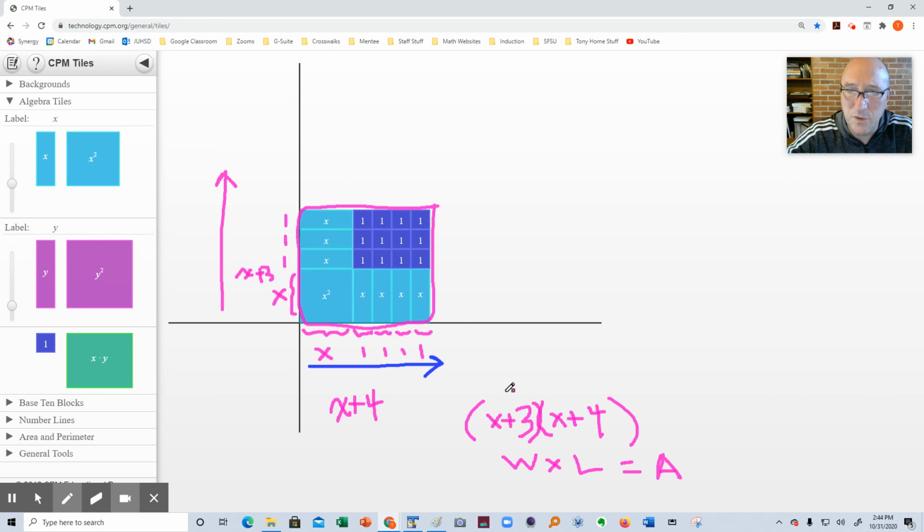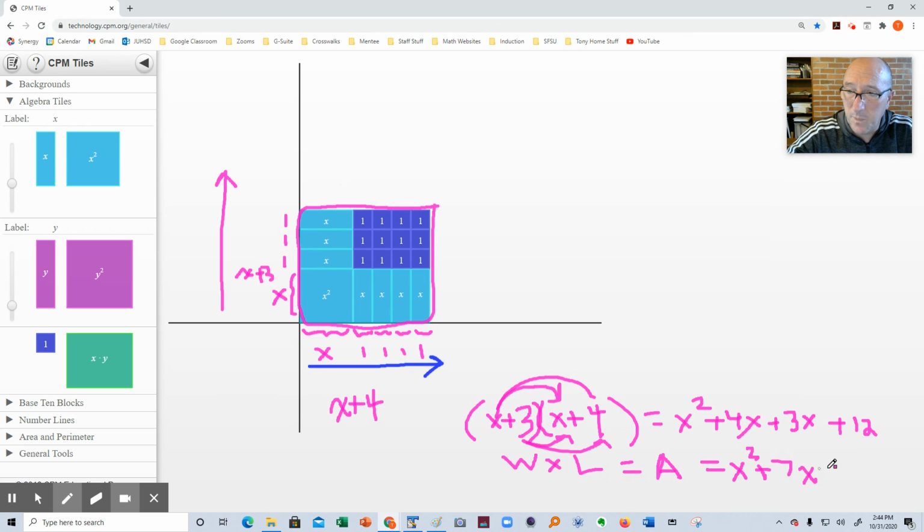You can see that again when you do the distributive property and multiply these two binomials. x times x gives us x squared. x times 4 gives us 4x. 3 times x gives us 3x. And 3 times 4 gives us 12. Now when you add all this stuff up, you get x squared plus 7x plus 12, which is exactly the quadratic that we started out with.